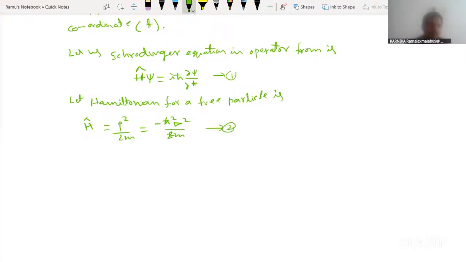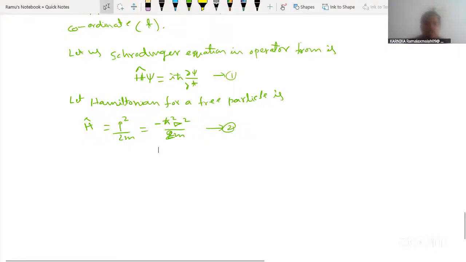So what is this formula? Here minus h cut square delta square by 2m.